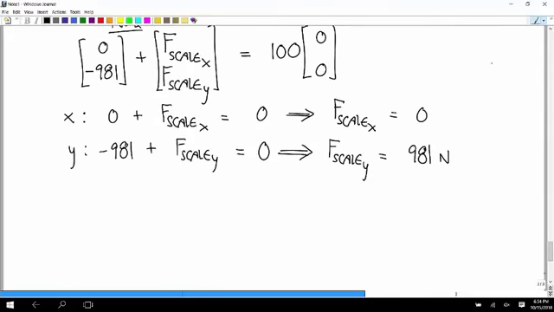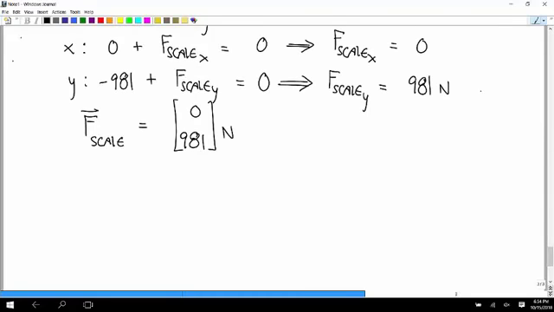So to put this all together into a force vector, the force F scale vector has a 0 x component and a y component of positive 981 newtons. In other words, if this is the coordinate system, plot that point.